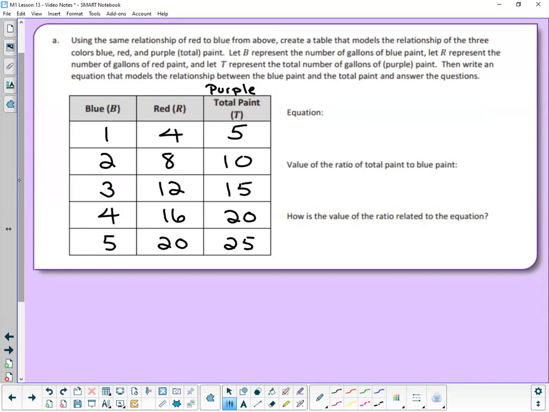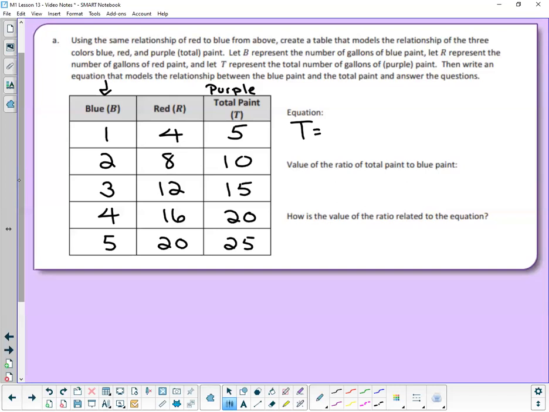So what they're saying then is, in order to figure out the amount of total paint you need, and you know how much blue paint, you know this amount, you know that much.